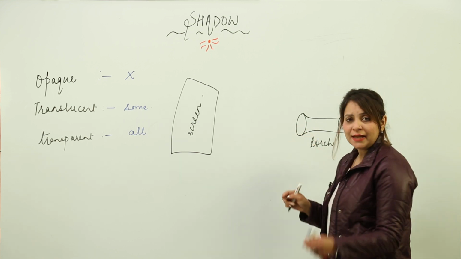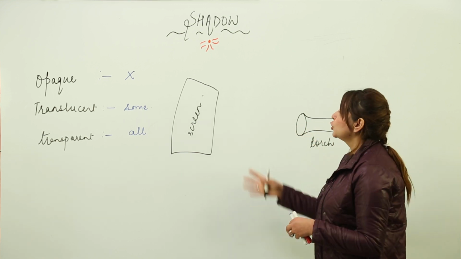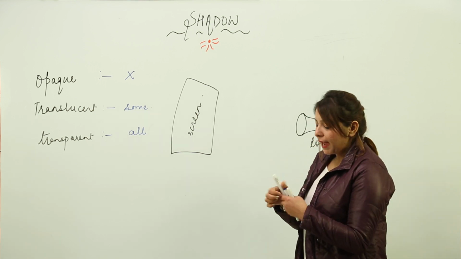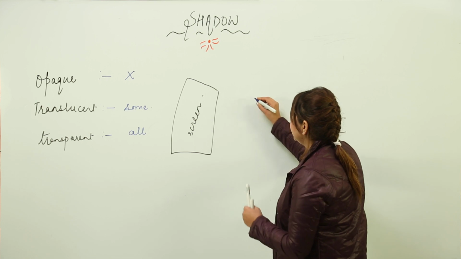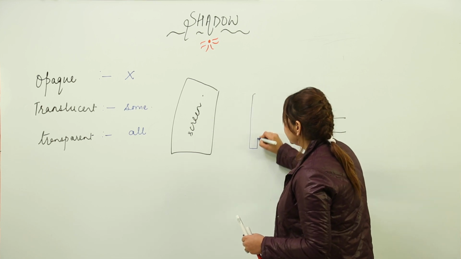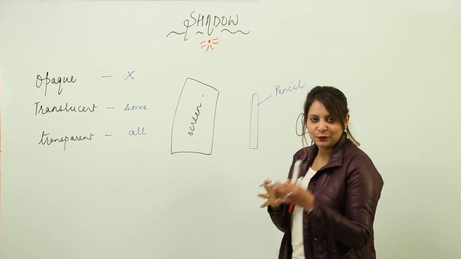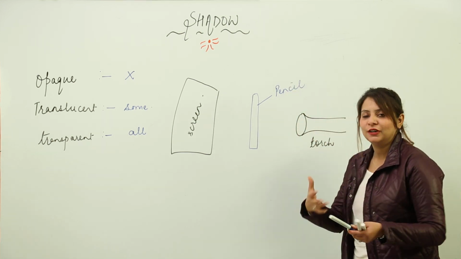The torch is emitting light, so we can actually see the screen. But now I am going to place an opaque object here. Let us place a pencil here. This pencil is quite big, quite white, but I'm just taking it as an example.